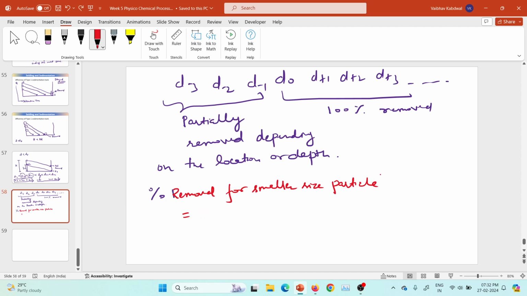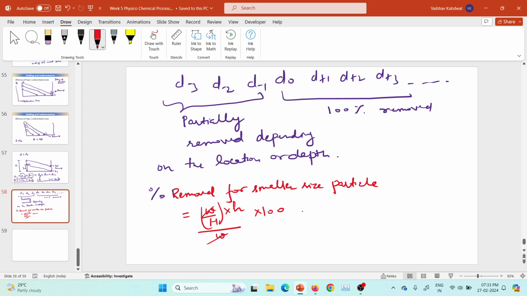Let's say W is the concentration of total particle, and at a particular height, W by H into small h divided by W. Both are W. This will be the efficiency.